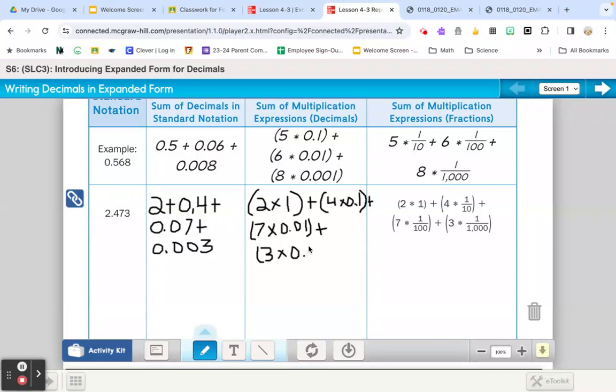And then once I get done with this, I want to point out a little pattern here that can kind of help you also to check to see if you got your work right.